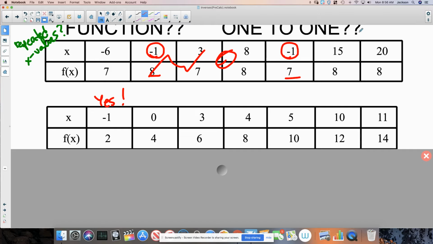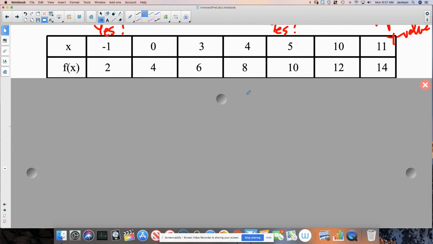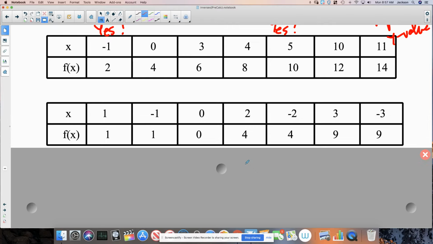So again, to test if something's one-to-one, we want to know, are there repeated y values? And let's look. 2, 4, 6, 8, 10, 12, 14. No, we don't have any repeated y values. So we know it's a function because there are no repeated x values. We know it's one-to-one, yes, because it has no repeated y values. All right, plain and simple. If I graphed all those points, they would show up only once, right?